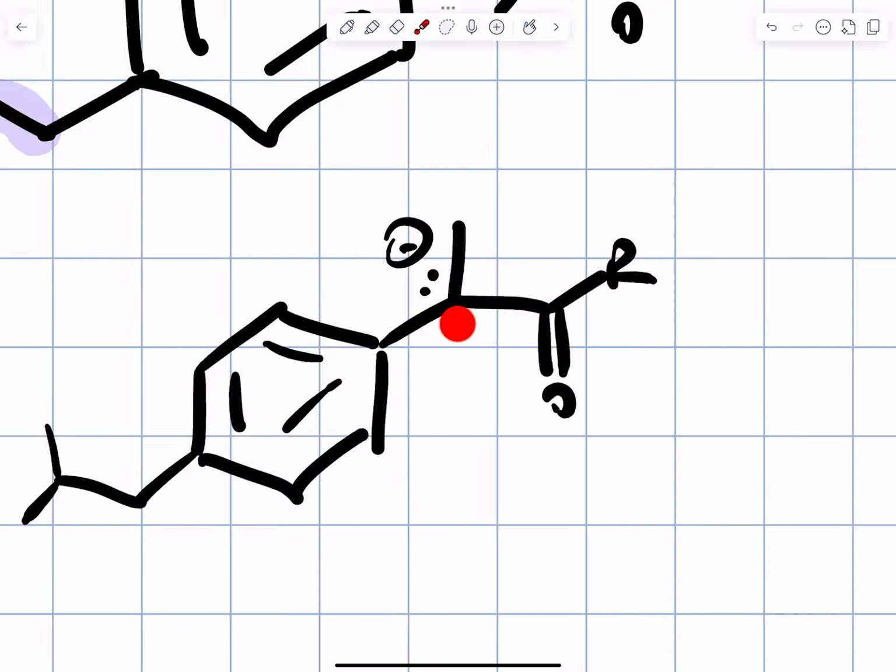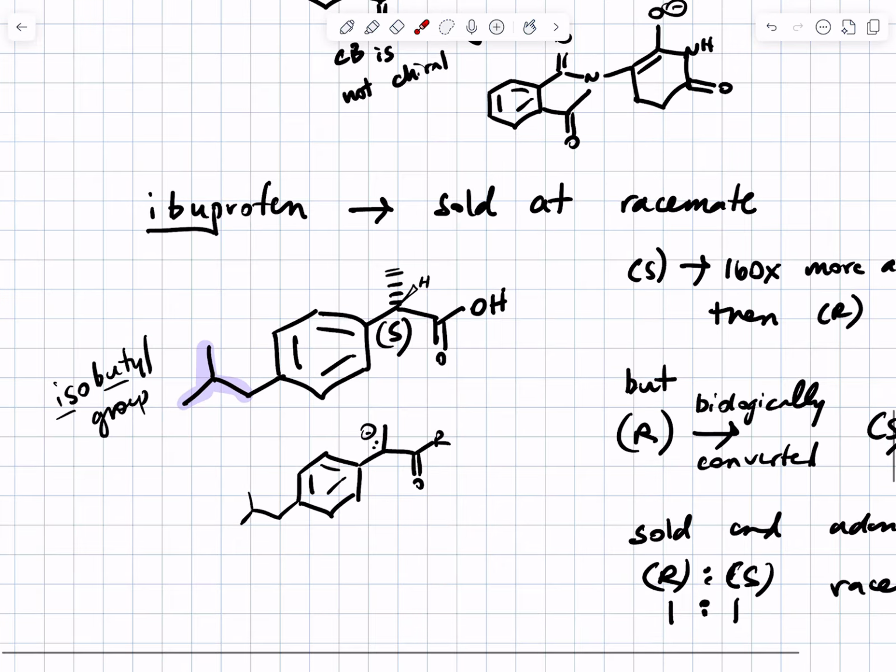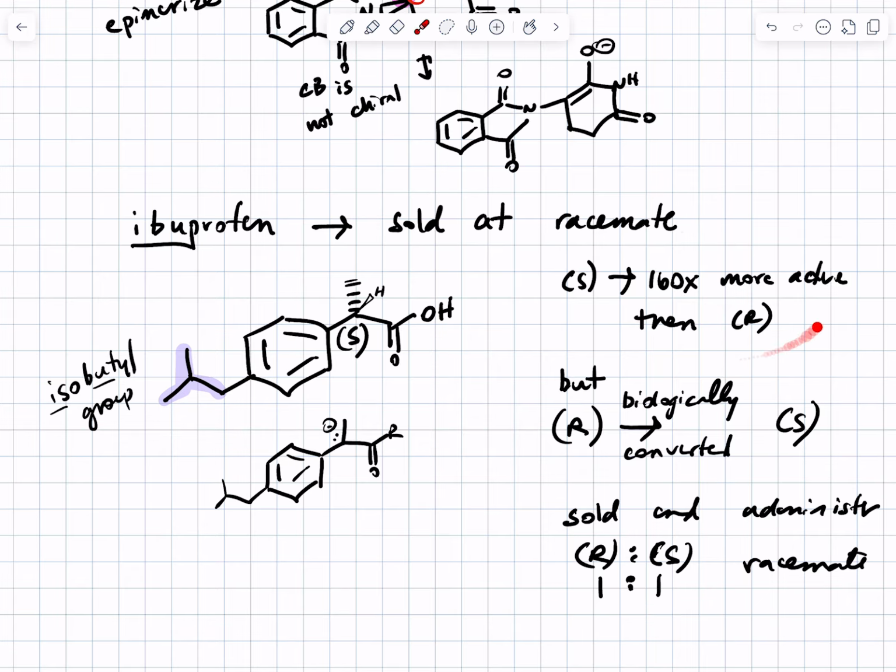You're going to get both enantiomers when you reprotonate it. So in a case like that, it's pointless to give someone just the one pure enantiomer because your body's going to turn it into both anyway. For ibuprofen, no big deal because the S enantiomer is 100 times more effective than the R enantiomer. The R one isn't that bad for you. It's perhaps dead weight, but it's cheaper and easier and makes more sense to do that.